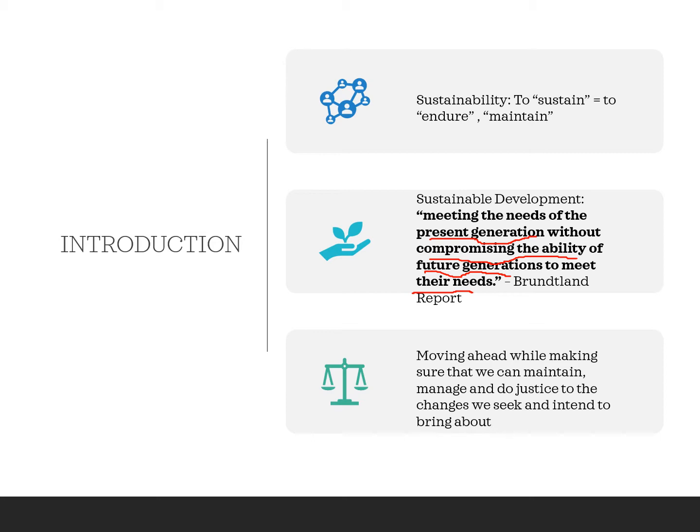Sustainability is moving ahead while making sure that we can maintain, manage and do justice to the changes that we seek and intend to bring about. So sustainability is important for our future generations.